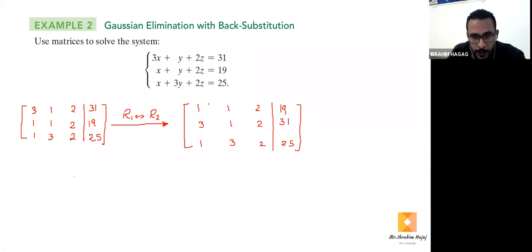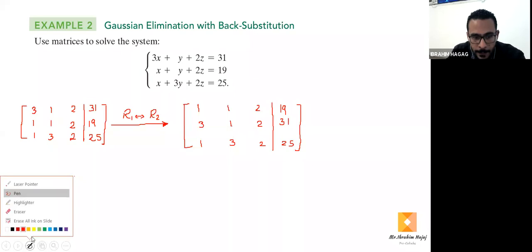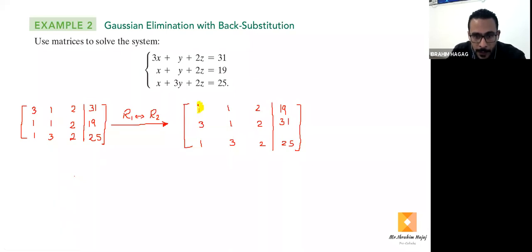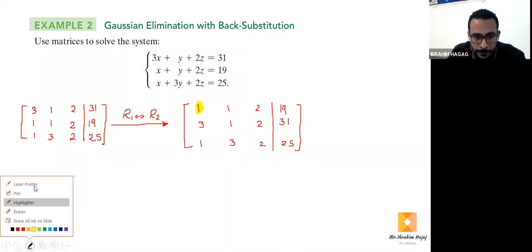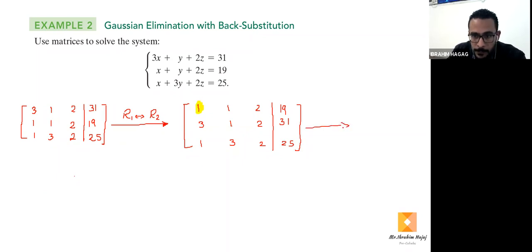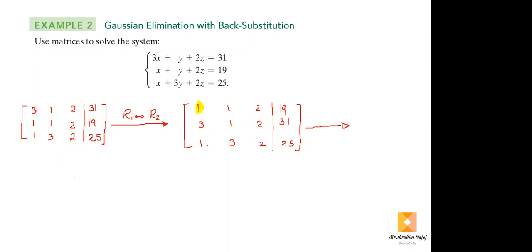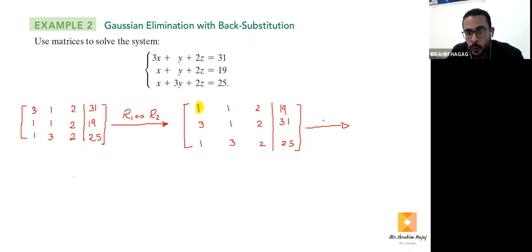Be careful. When the first element in the first column is 1, what should we do? The 3 should be 0. Two zeros below it. So I can do 2 row operations in one step. How? I can multiply the first row by -3.